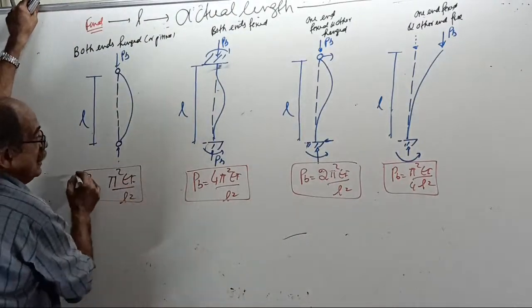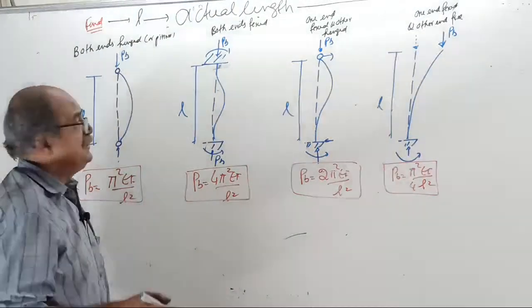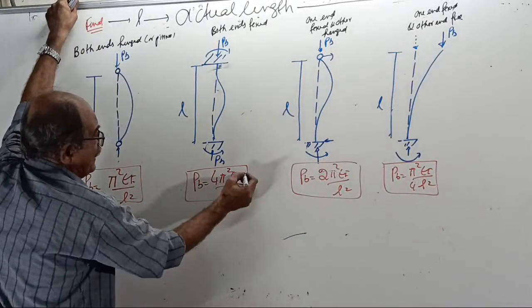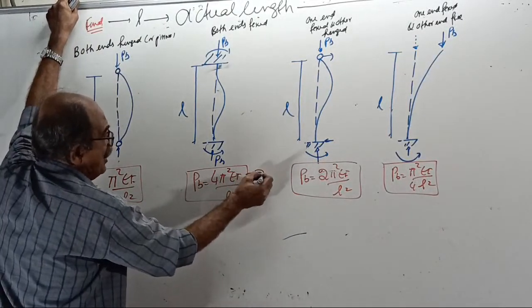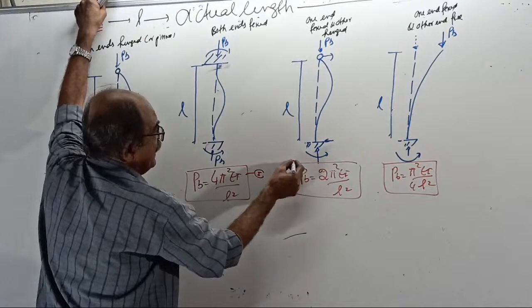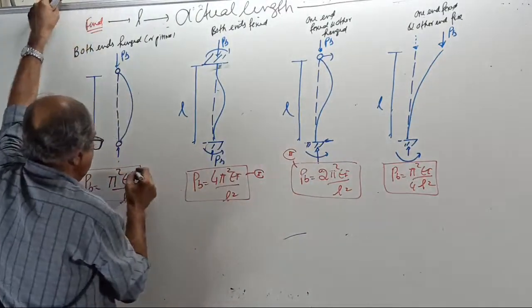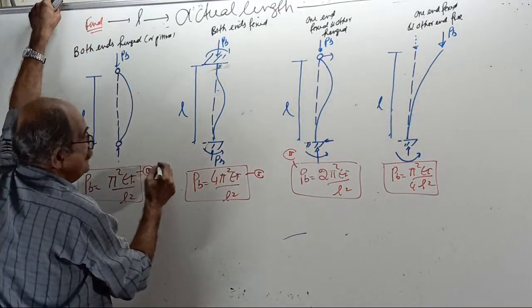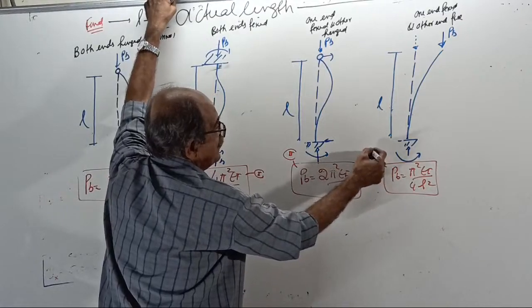Now see, next time I will tell you the ranking. This is first rank, strongest column. This is second rank. This is third rank. This is the weakest column, fourth rank.